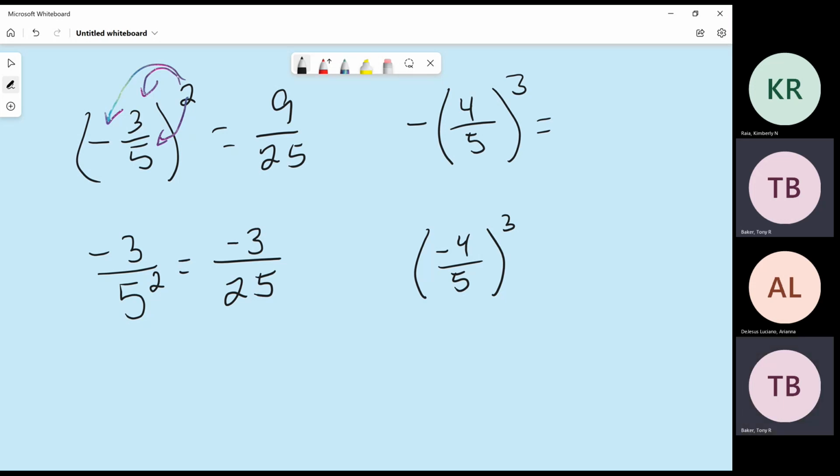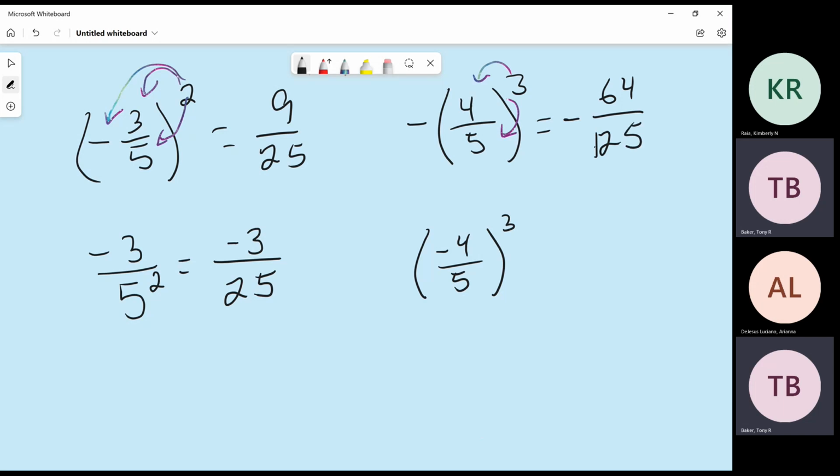So that negative sign is just going to stay there. I'm not doing anything with it. And now this 4, this 3, I have to do it with both of them. So 4 to the third power is 64, and 5 to the third power is 125.